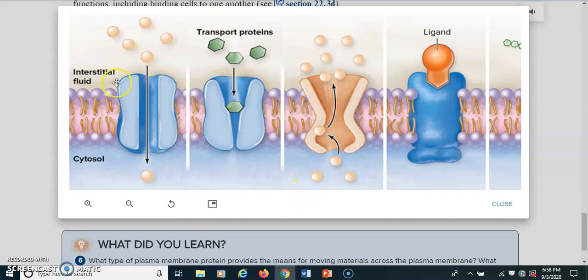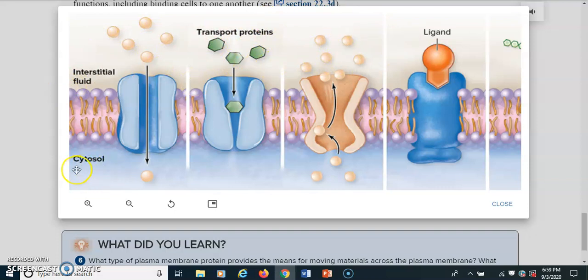And this is the outside of the cell, and then this is inside of the cell. And so you may start seeing this term used for the fluid or the environment that's outside the cell. So extracellular fluid is something they may call it, or they may call it interstitial fluid. So that just means it's outside of the cell.